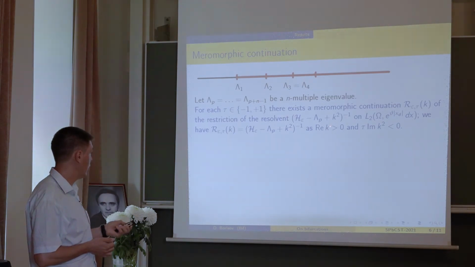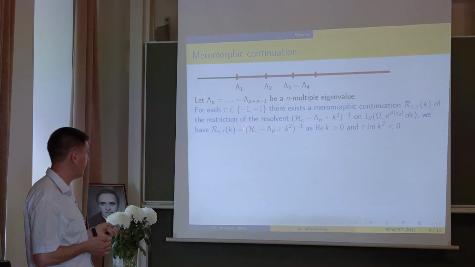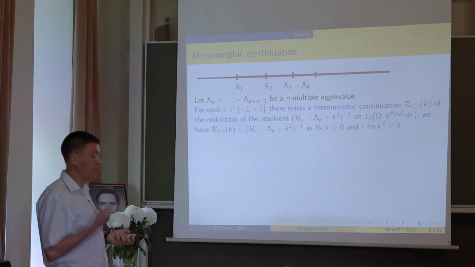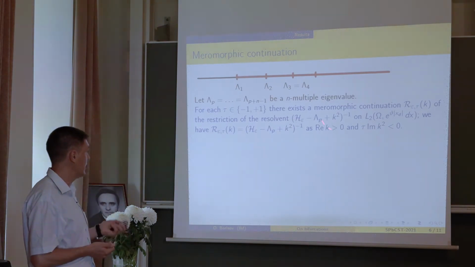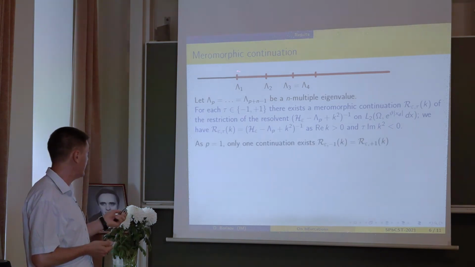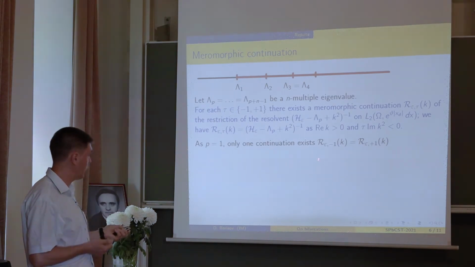It is true when k is such that the real part is positive, and for the imaginary part of k squared we have this inequality. This tau here can be plus 1 or minus 1, and it actually means that I have two meromorphic continuations in the vicinity of each threshold. If we are at the bottom of the spectrum, then these two continuations coincide, and this is actually just one continuation.